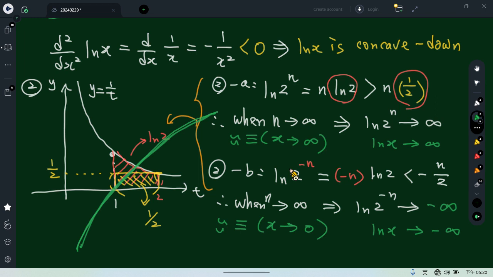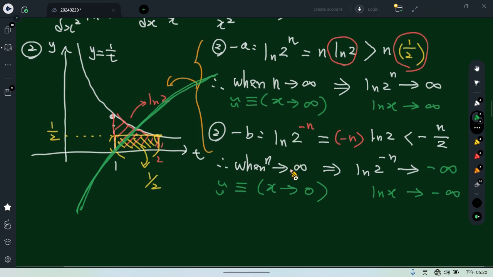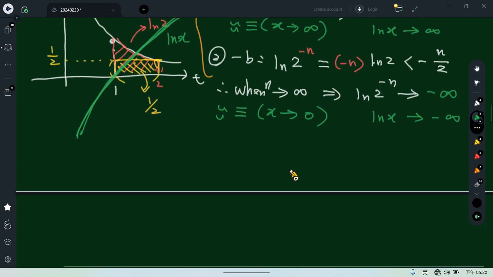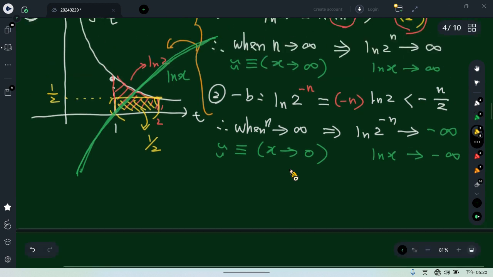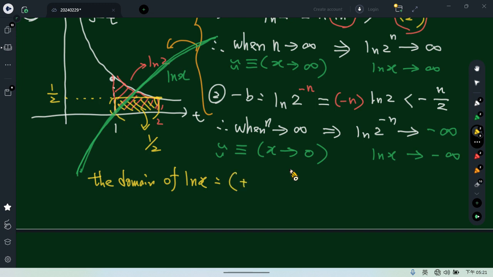This is the ln x curve. So we can have a short conclusion about this. The domain of ln x will be from 0, not including 0, to positive infinity.